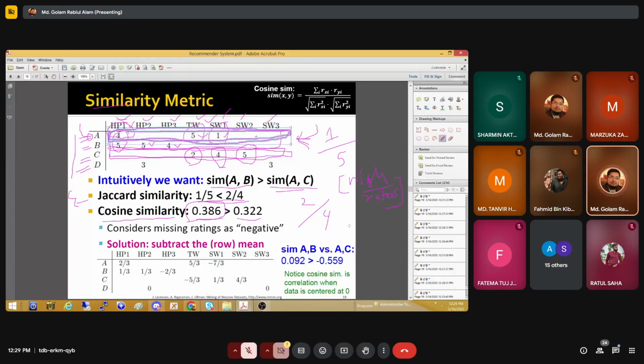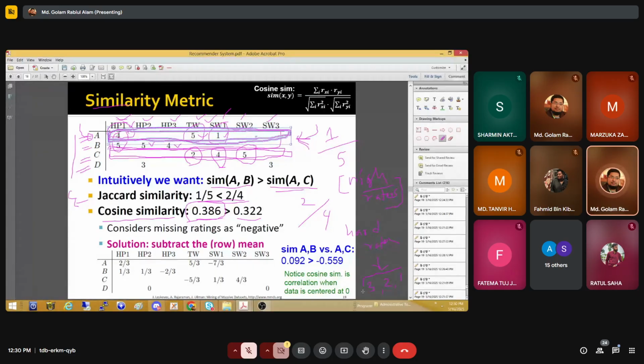So this is the kind of biasness, because for those hard raters, maybe their maximum value out of 5 will be 3, 2 or maybe 1.